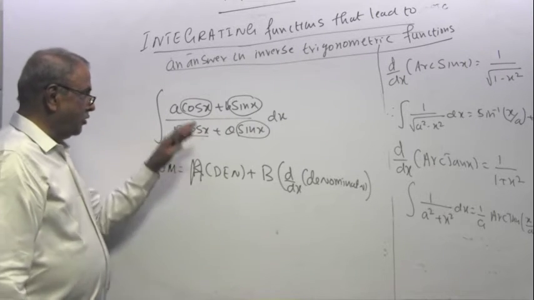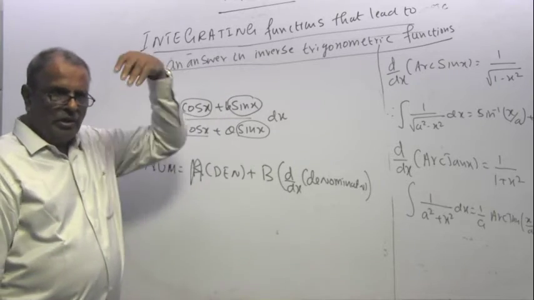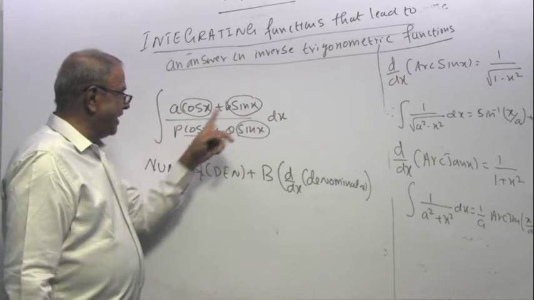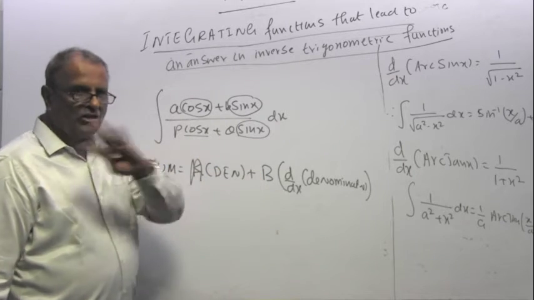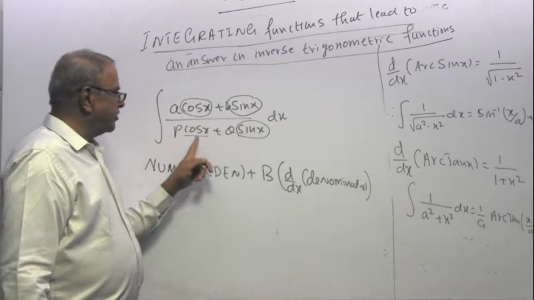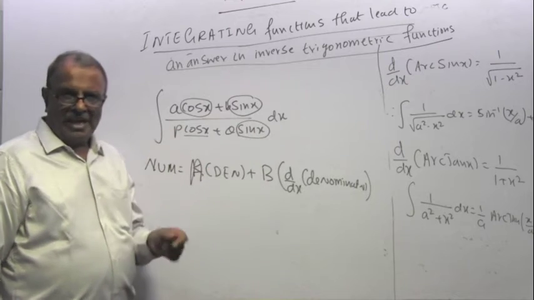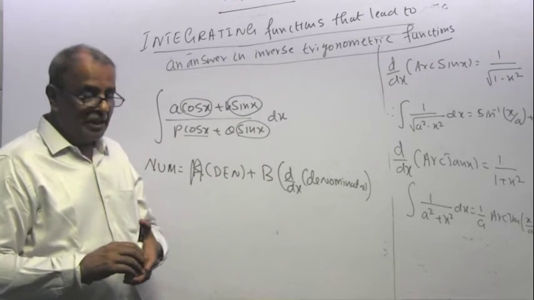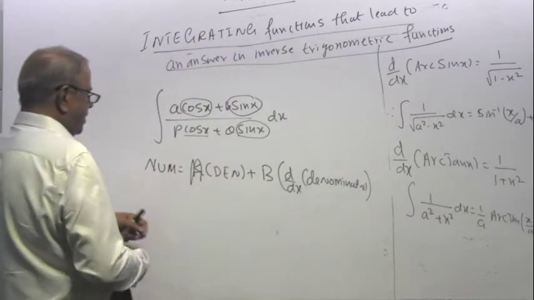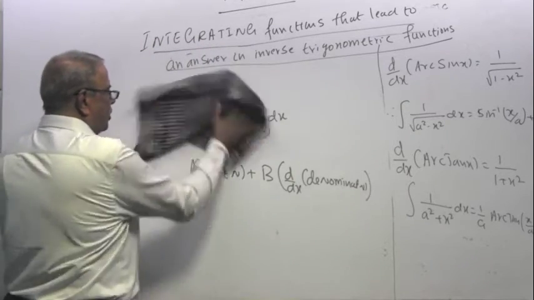So whenever you have a cos x plus b sin x over p cos x plus q sin x, not cos 2x, sin 3x, cos 3x, sin 4x, no. It has to be cos 2x, sin 2x, cos 2x, sin 2x, because otherwise life becomes very complicated. So let me take an example to show you what I mean.